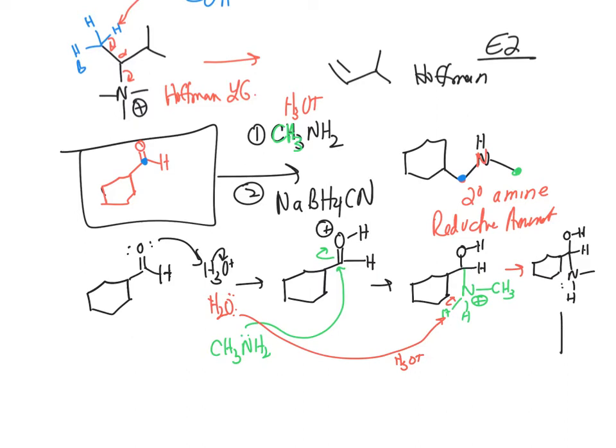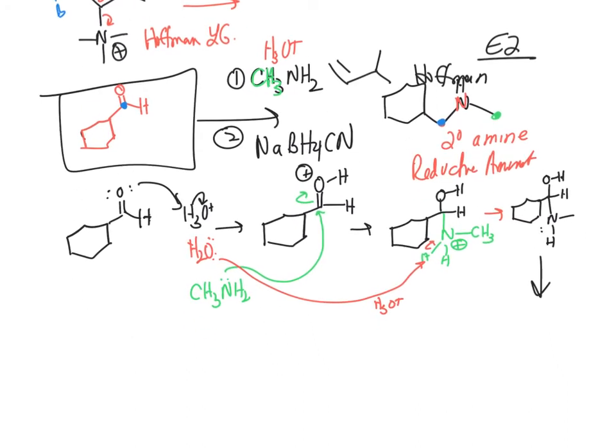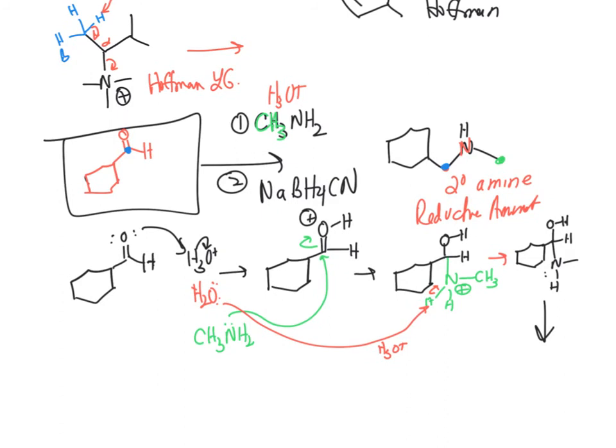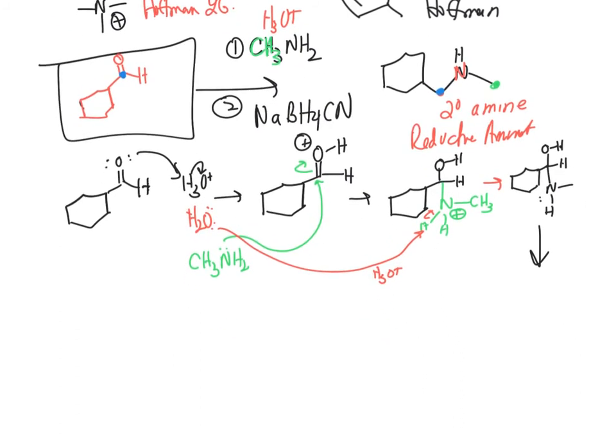And now we have this intermediate. And so this is review, folks. What's going to happen now? We've got a hemiaminal. Does this look familiar? Hemiaminal. We're going to protonate the water. We want the water to be a leaving group. That's why we need a little bit of acid.